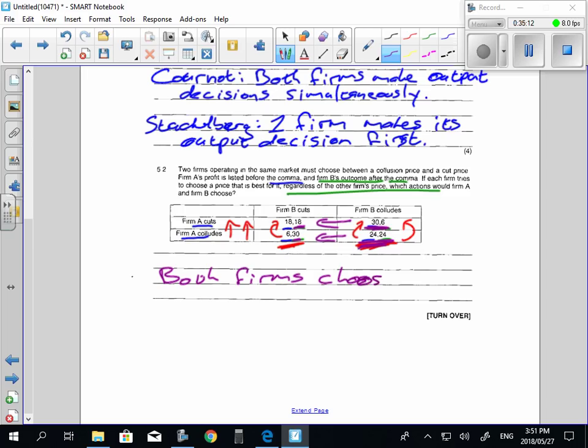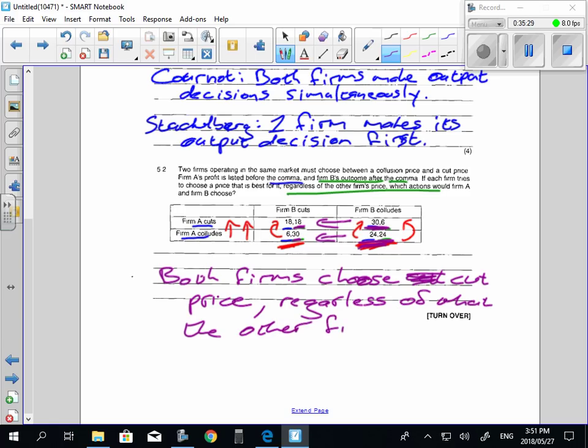choose cut price, regardless of what the other firm is doing.